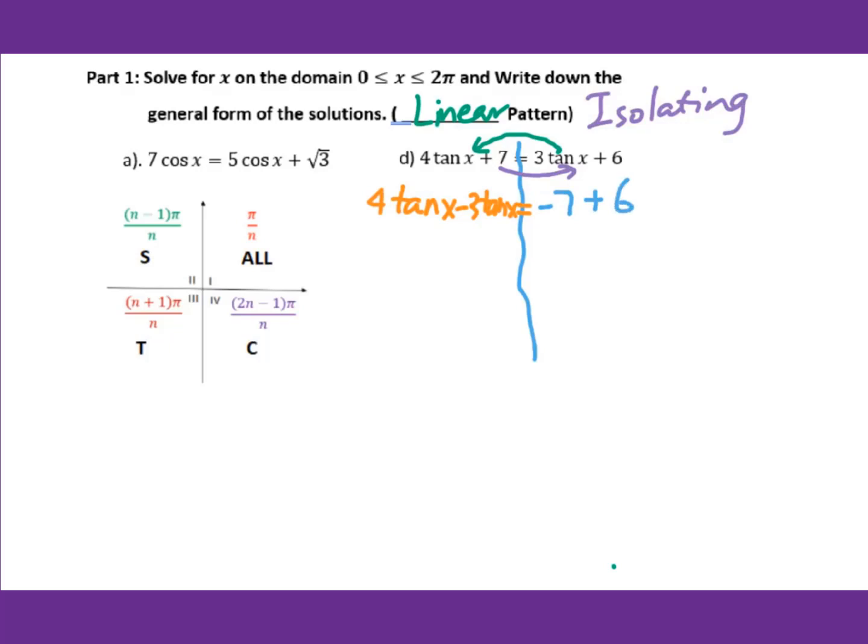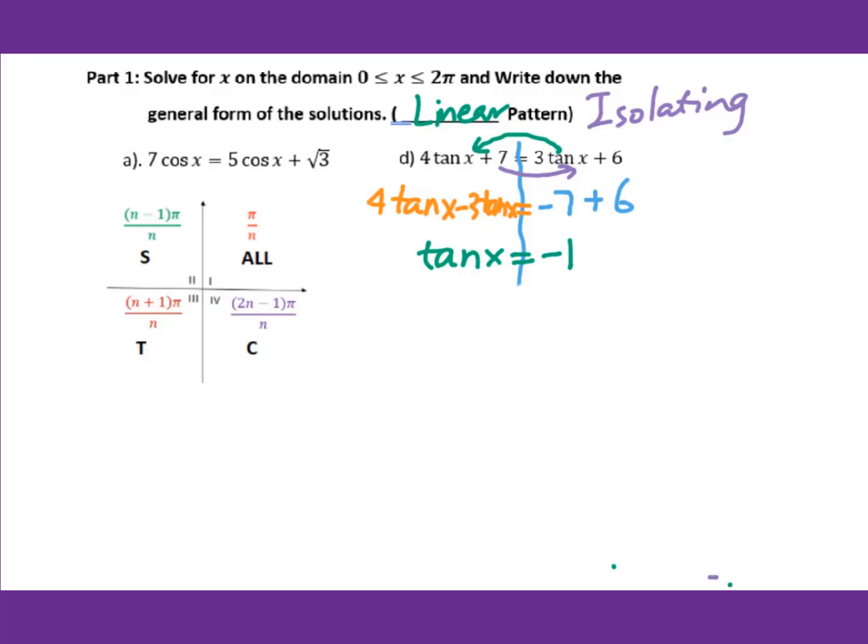Remember, cross the river, change sign. You can count the equal sign as the river. Therefore, combining like terms, we got tangent x equals -1. We got the single trig equals constant number.